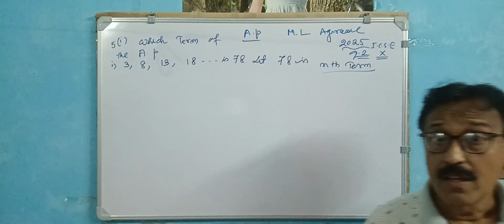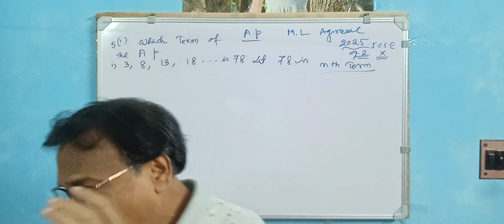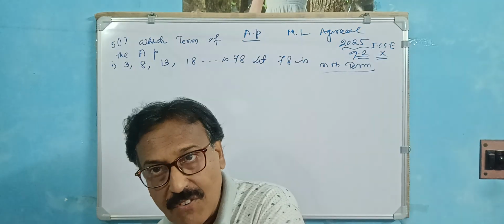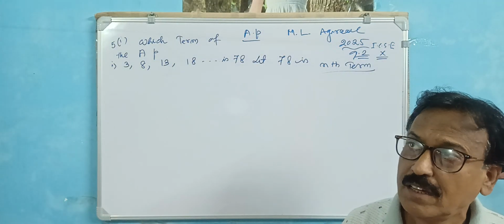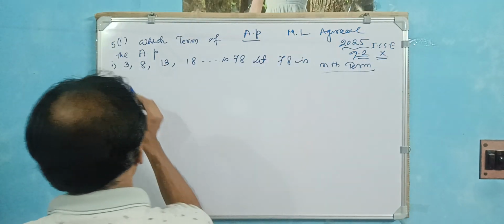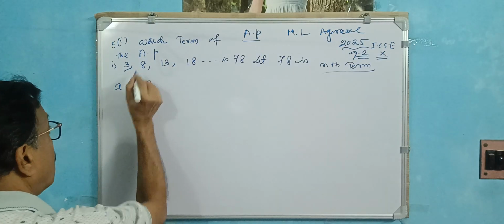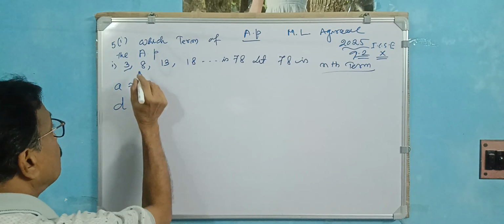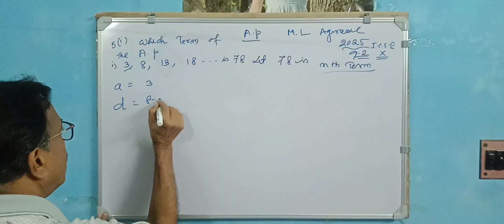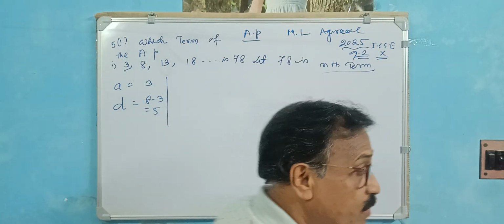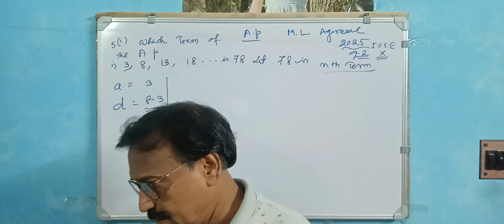Don't panic. First you calculate or determine the first term and the common difference. The first term A is 3, and the common difference D is 8 minus 3, which is 5. You first determine what A and D are.